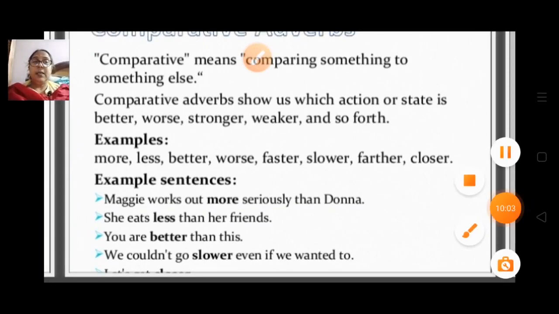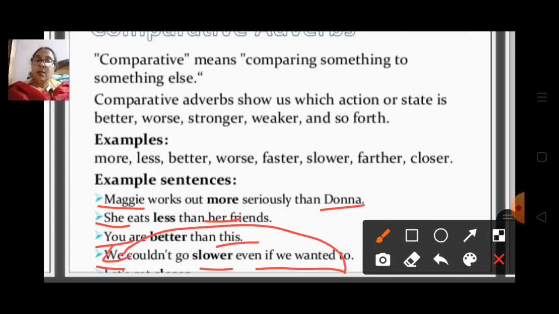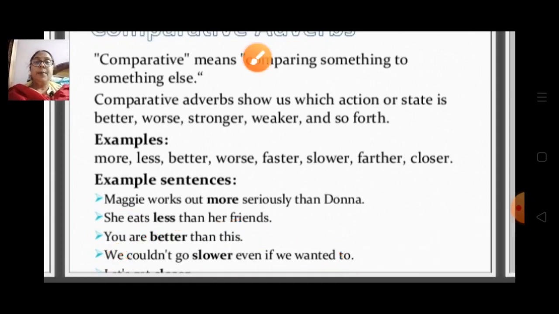Here you can see the comparison between Maggie and Donna, she and her friends, you and this, and between we and our wish. So comparative adverbs show us which action or state is better, worse, stronger, weaker, and so forth.